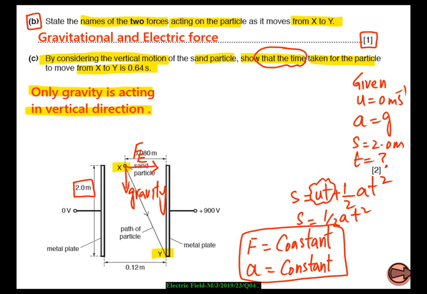Just plug in values for s and for a, and we can find our final answer. In this case, the final answer is equal to 0.64, and this is the same as what we need to show. So this is how we can answer part B and part C.